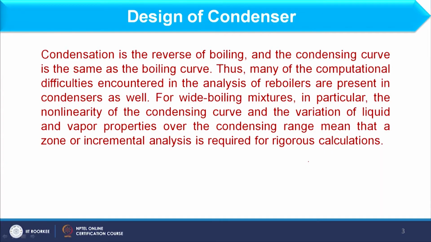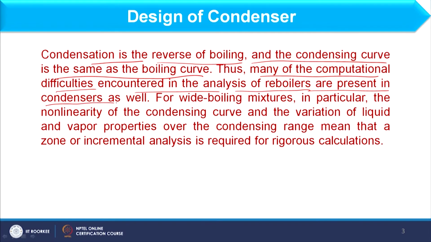Now let us further discuss a few facts about condenser. Okay. So, you see condensation is the reverse of boiling. Okay. In boiling we generate vapor and in a condenser we generate liquid, and the condensing curve is the same as the boiling curve. Thus, many of the computational difficulties encountered in the analysis of reboilers are present in condensers as well, because both activities are just opposite to each other, right.